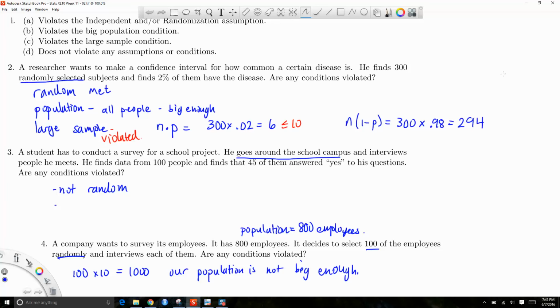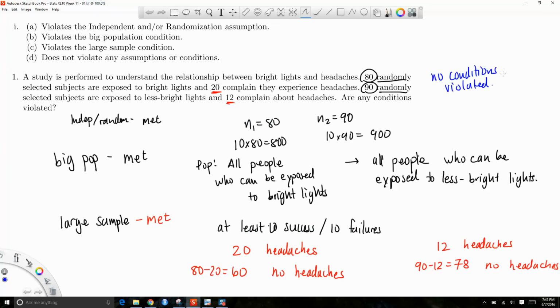On number 1, we said 10 successes and 10 failures. There's no clear-cut success and failure here.